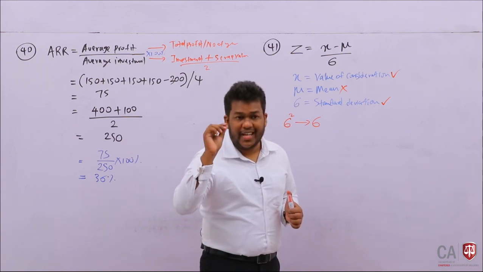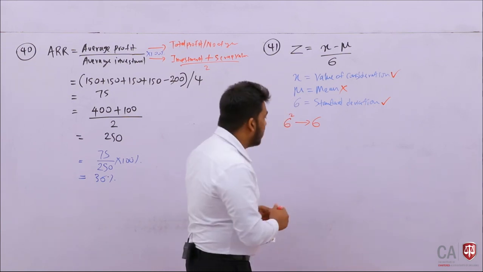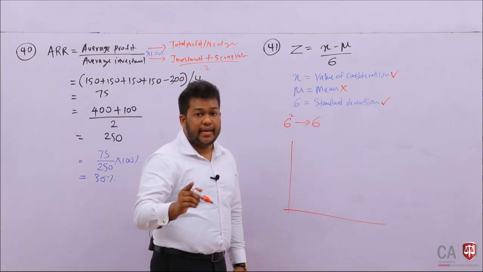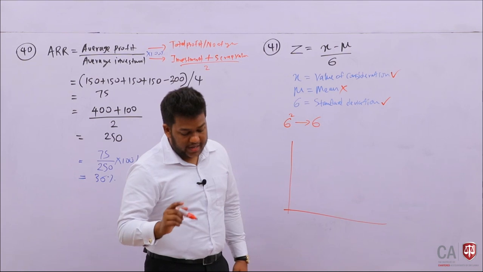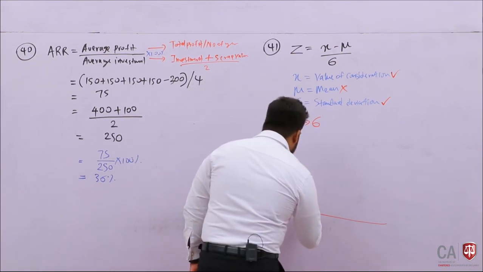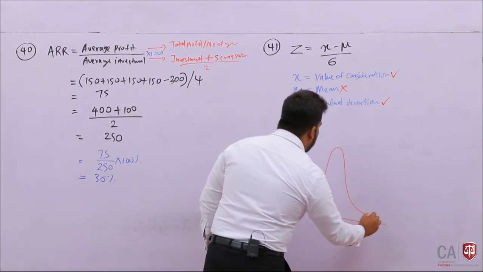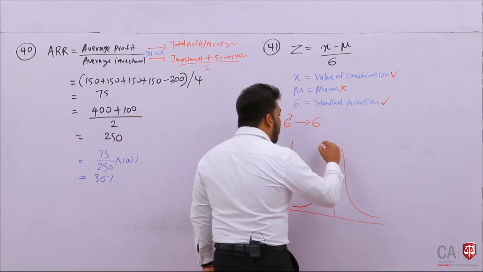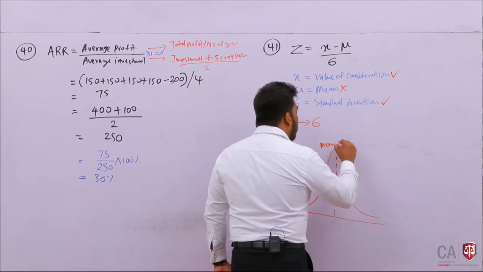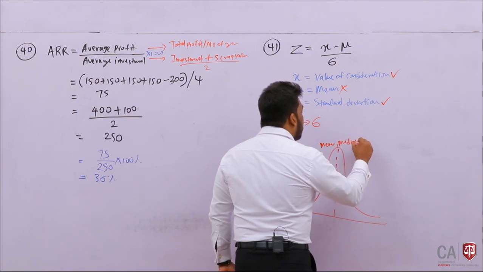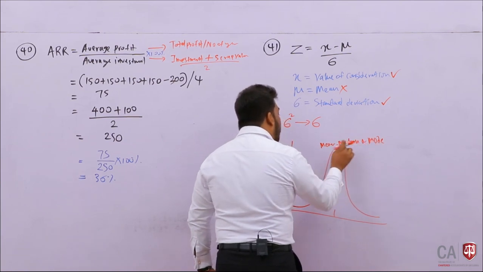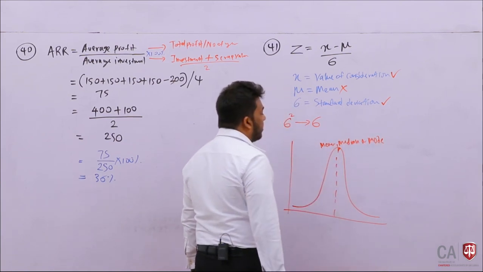But they have been telling that this is a symmetrical distribution. So what is a symmetrical distribution? It will go like this. So in a symmetrical distribution, mean, median and mode, all three are in the same point.